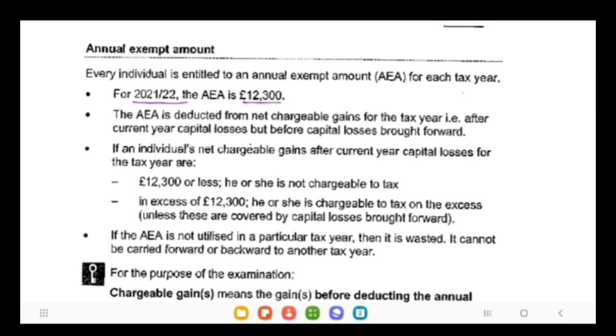If an individual's net chargeable gain after current period capital losses for the tax year is 12,300 or less, he or she is not chargeable to tax, because the gain would be reduced to nil due to the availability of the annual exempt amount. And if the annual exempt amount is not utilized in a particular tax year, it will be lost. It cannot be carried forward, it cannot be carried back.